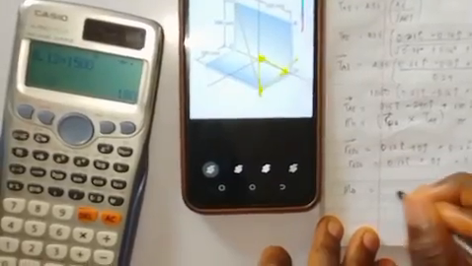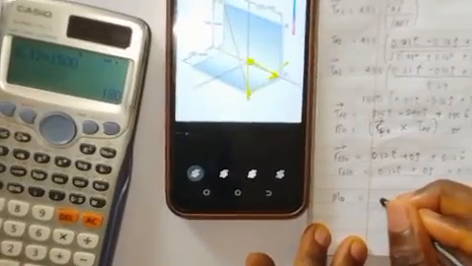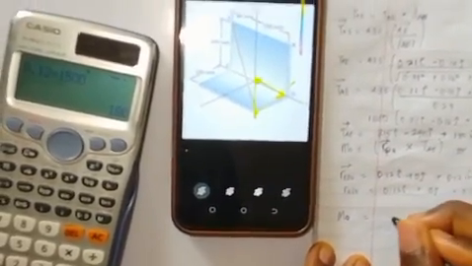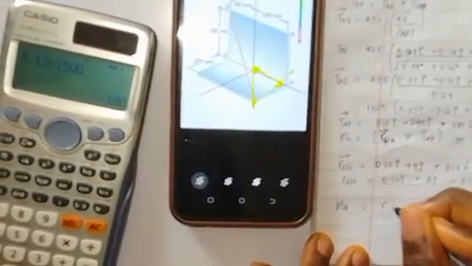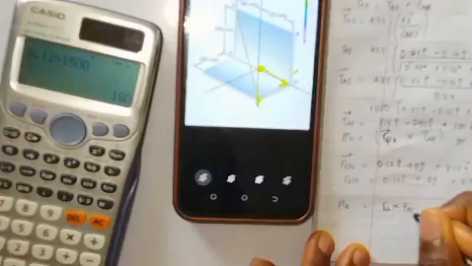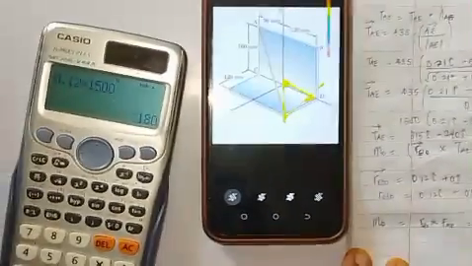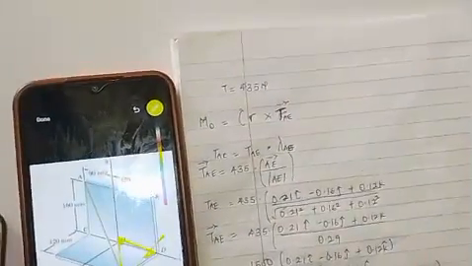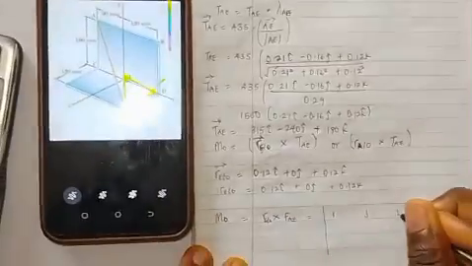So our moment about O will be equals to R cross F. So that means I'm using R of E/O cross the tension. Which will be equals to this in matrix form. You can express it in matrix form IJK.